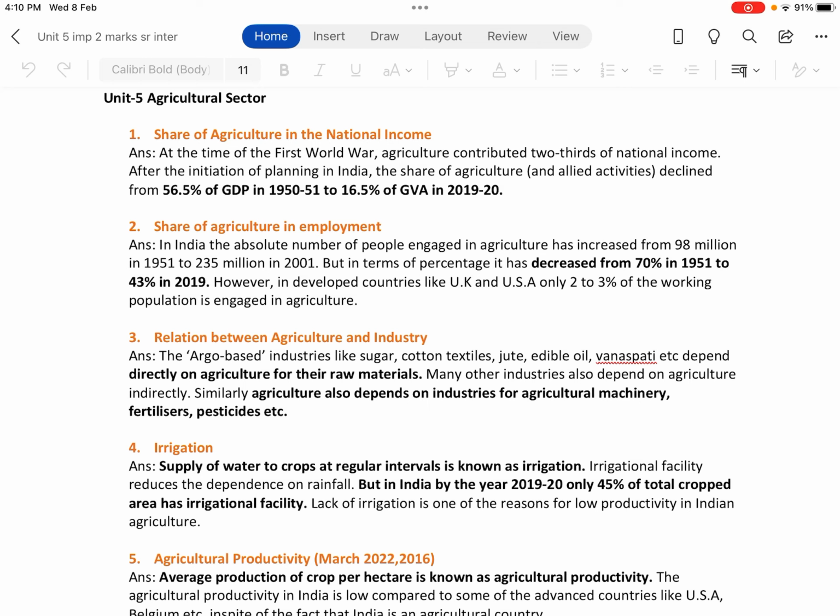But still in our country, the share of employment in the agricultural sector is high when you compare it with developed countries like UK and USA, where only 2 to 3% of the working population is engaged in agriculture.